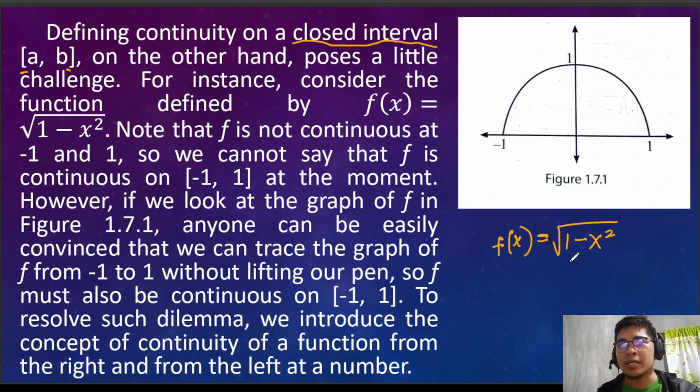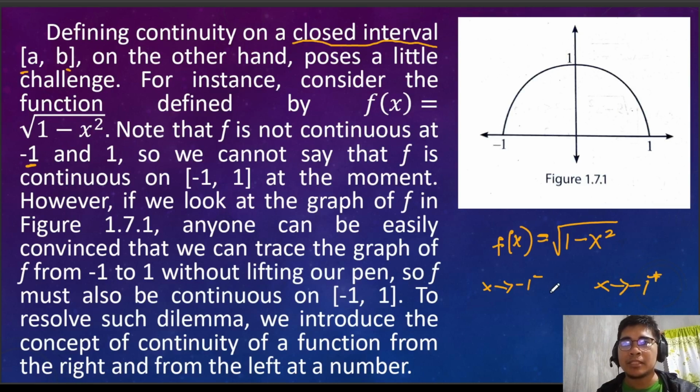So, ito ni siyang hatagan og emphasis. Note that f is not continuous at negative 1. Since before nimo makuha si negative 1, you must find first the x approaches negative 1 from the left, and then x approaches negative 1 from the right.